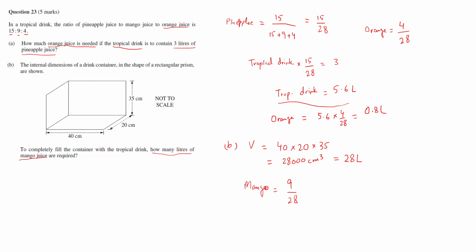Now coming to the question, how many liters of mango juice would be there? If the total size is 28 liters, mango's quantity would be 28 liters multiplied by 9 by 28. So that means in that total of 28 liters, there would be 9 liters of mango.